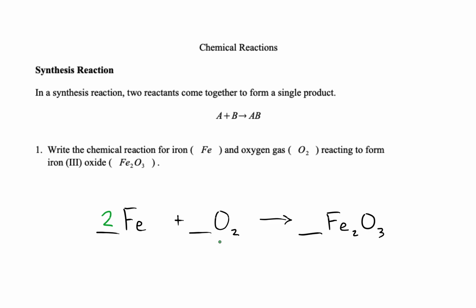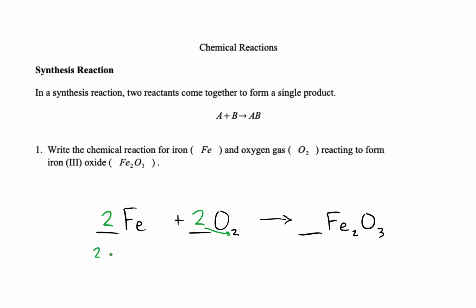Next, we want to see if there's a way we can change the oxygen to match the number of oxygens on the right. If we want to restrict ourselves to integer coefficients, then we can't really do it. We could double the oxygen here, and then what we're supposed to do is multiply the coefficient times the subscript to figure out how many atoms that would really be.